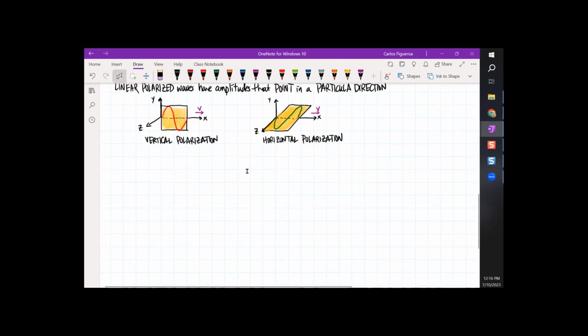Now, to simplify the notation, it's common to draw the oscillating amplitudes with a single vector.